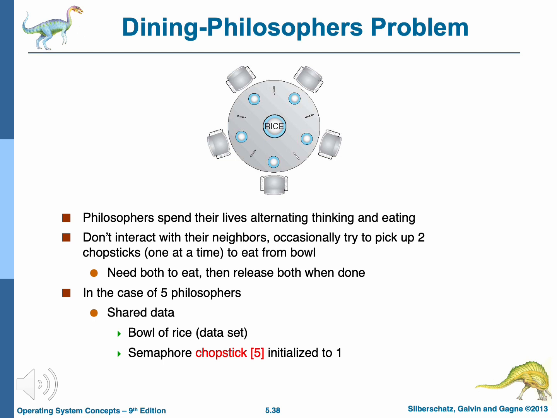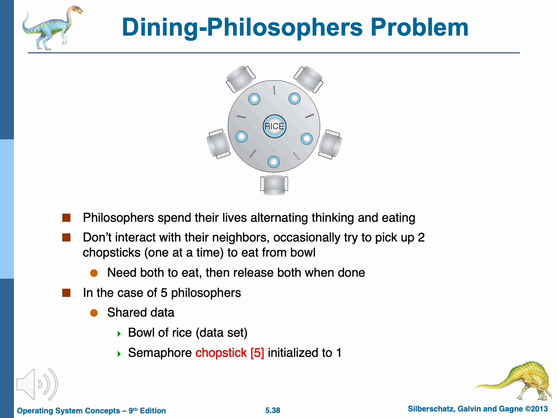When a philosopher thinks, she does not interact with her colleagues. From time to time, a philosopher gets hungry and tries to pick up the 2 chopsticks that are closest to her, the chopsticks that are between her and her left and right neighbors.